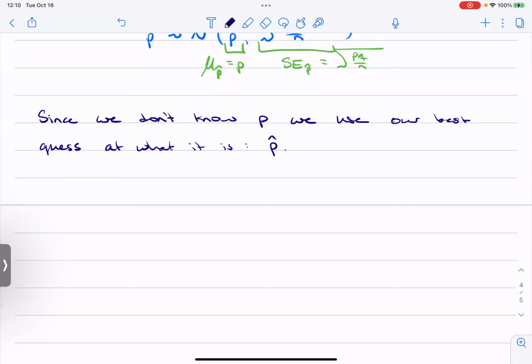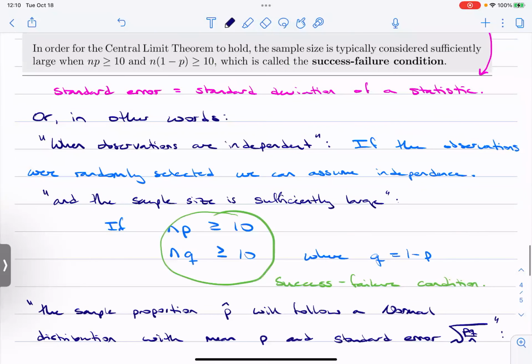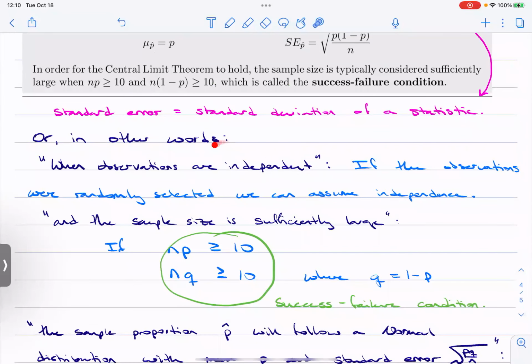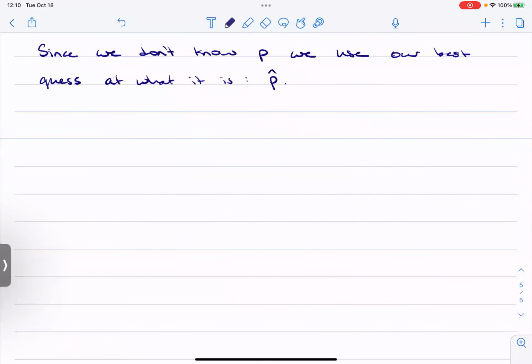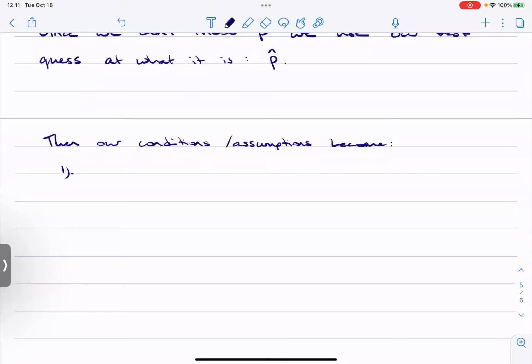So now, if we're going to summarize these conditions, let's rewrite the central limit theorem in terms of how we're actually going to apply it. Our conditions and assumptions become, well, the first one is independence, which stays the same. Did I collect the sample randomly?